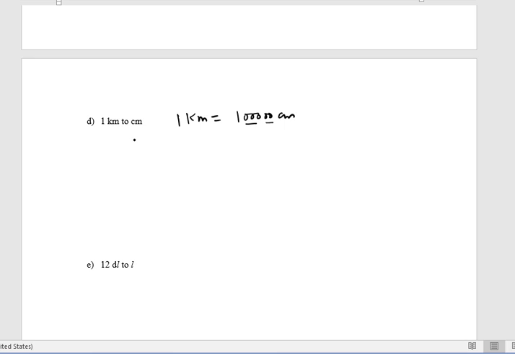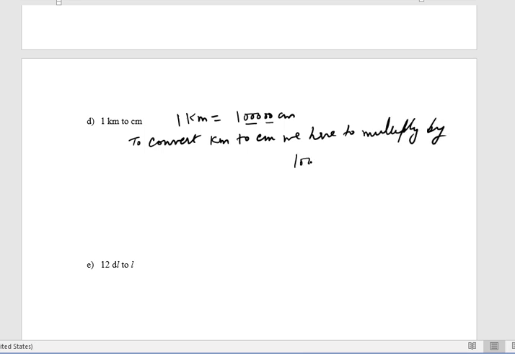To convert kilometer to centimeter, we have to multiply by 1 lakh. So 1 kilometer equals 1 into 1 lakh centimeters, or straight away 5 zeros after 1 centimeter. I hope it is clear.